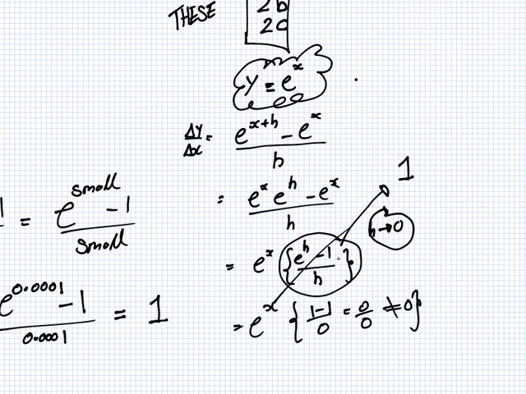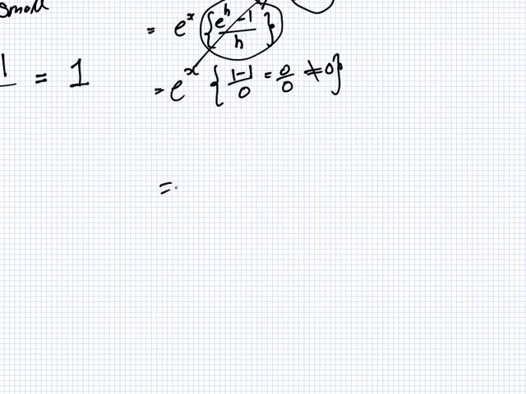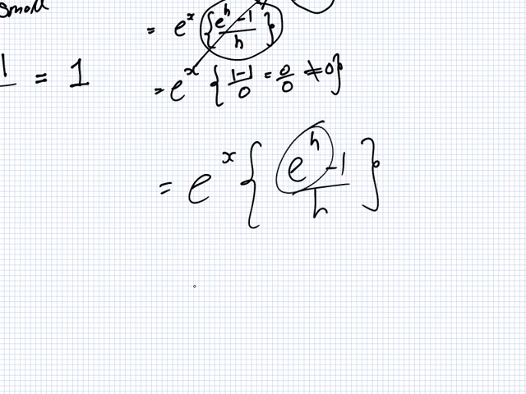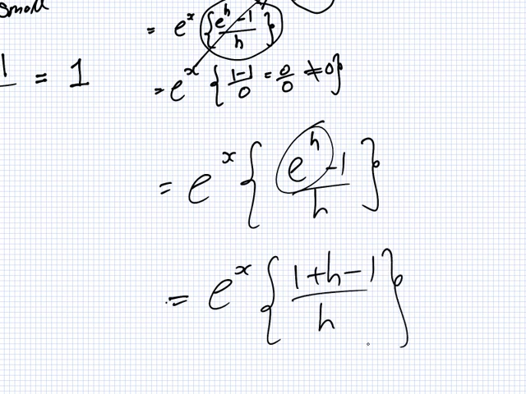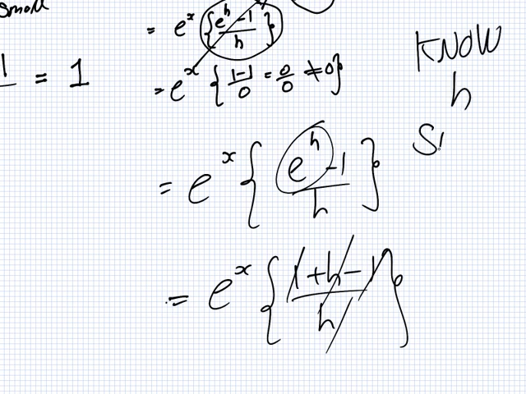So because h is small, you can say it's equal to 1 plus h minus 1 over h. Cancel, cancel. So that's another way to think about it.